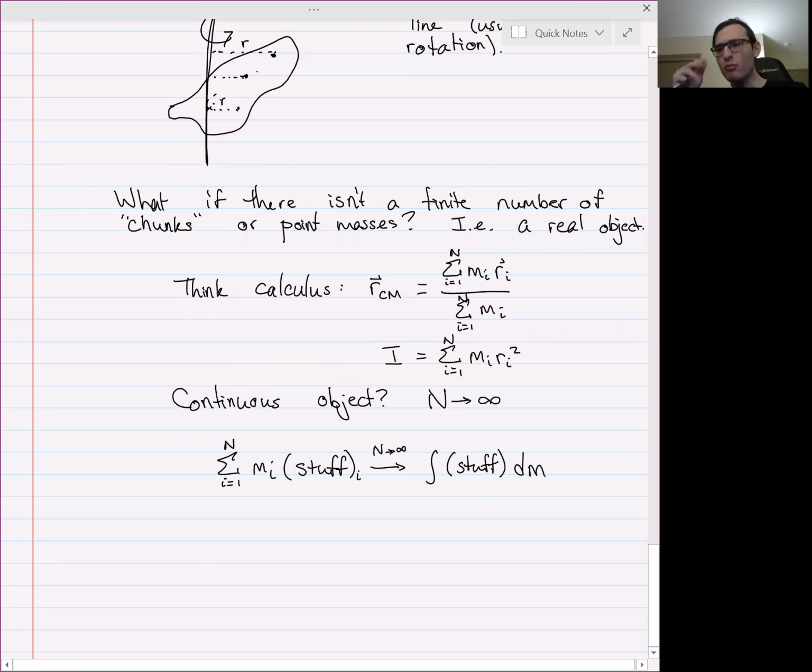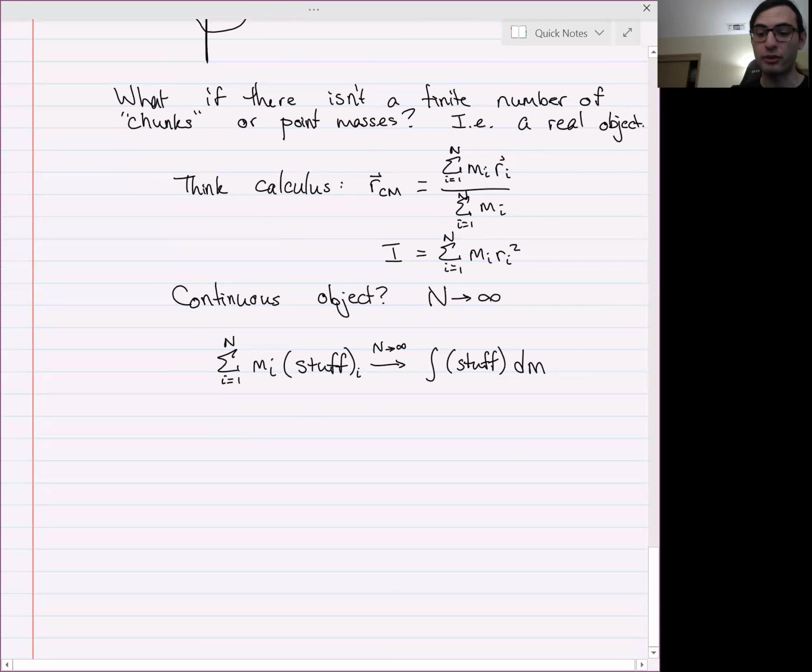So when we start breaking down a real object into an infinite number of parts, each part becomes infinitesimally small. And so that's why the m becomes the dm, because the limit of mi goes to 0. So let's try just doing examples.